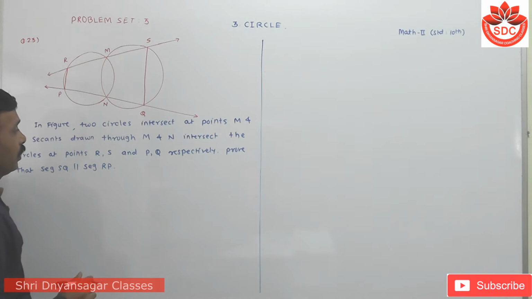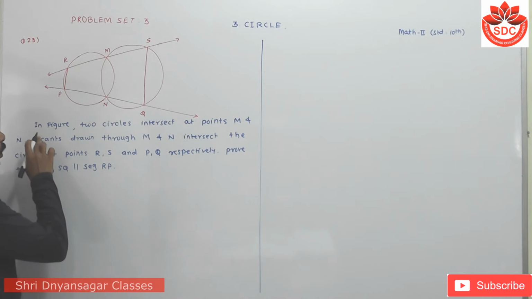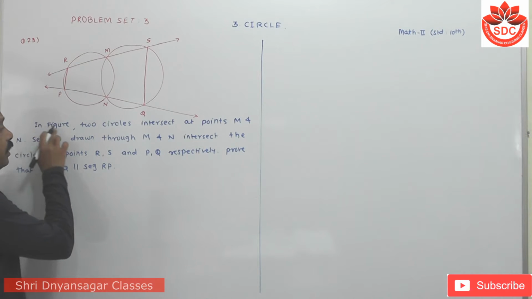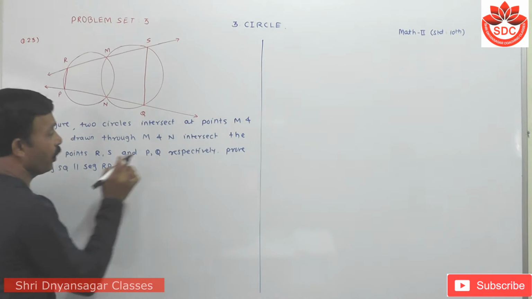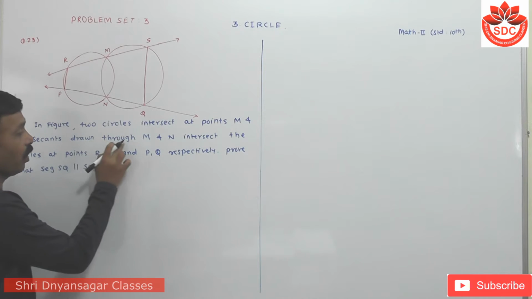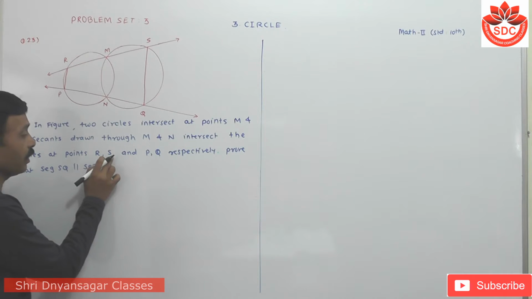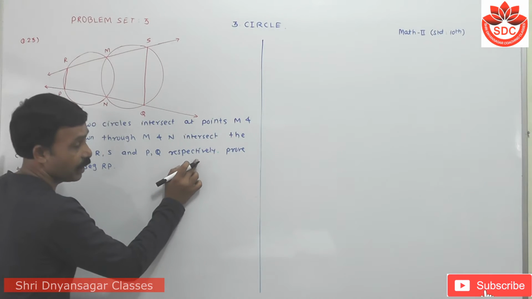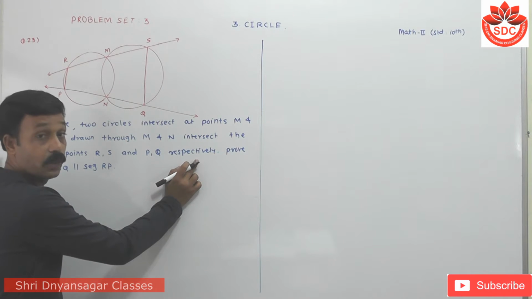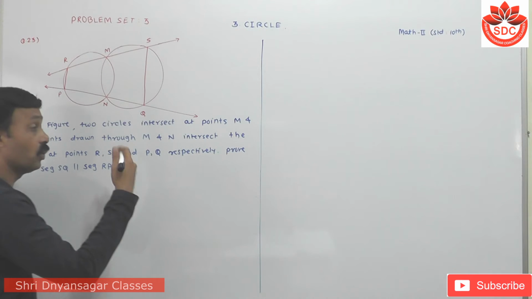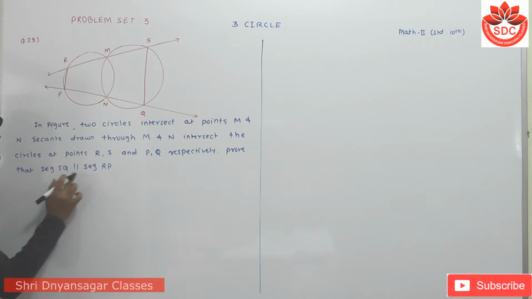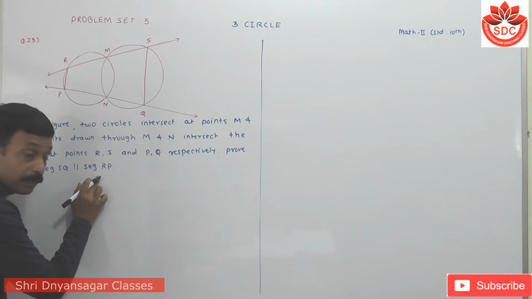Student, I have to directly take its proof. You have to write from this: in the figure, two circles intersect at points M and N. Secant drawn through points M and N intersects the circles at points R, S and P, Q respectively. Up to this is given. Then to prove: segment PQ is parallel to segment RS.